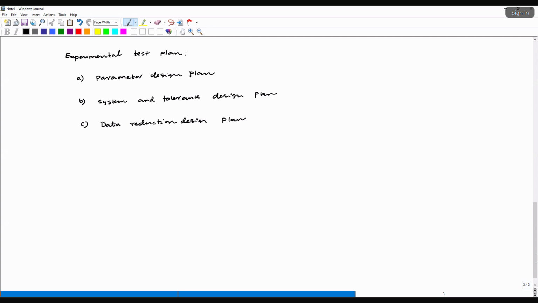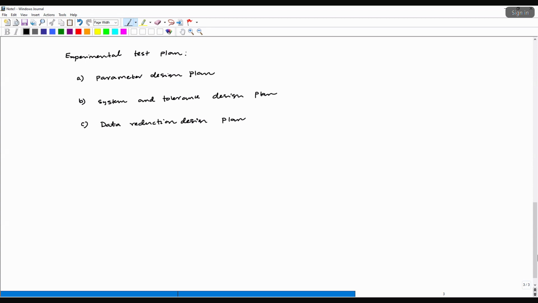So what is it that I am actually looking for from my data? This is something I need to really think about under the data reduction design plan. These are some thoughts on how you should plan for experiments.